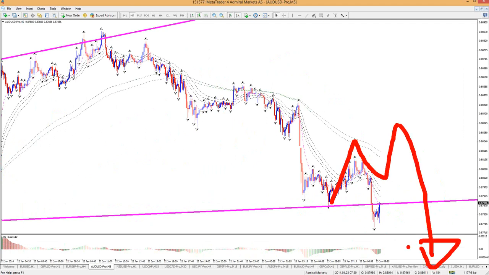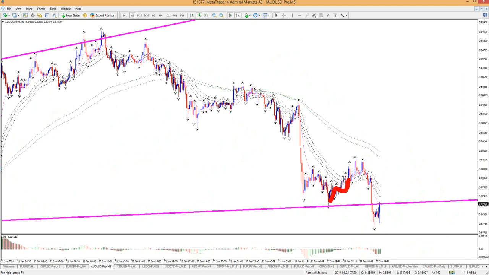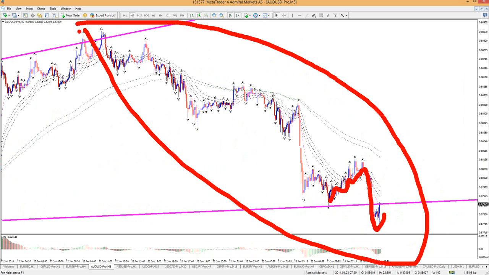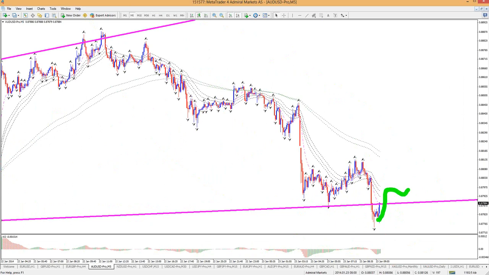That would have been a different situation, but because we just made a very small consolidation in the 5-minute world and then broke, this entire move down is more of a one swing high, swing low, and that is already a pretty big swing high, swing low, and therefore the chances are getting higher and higher that we make a bigger correction. I would rather trade after that bigger correction than trade this small break here.